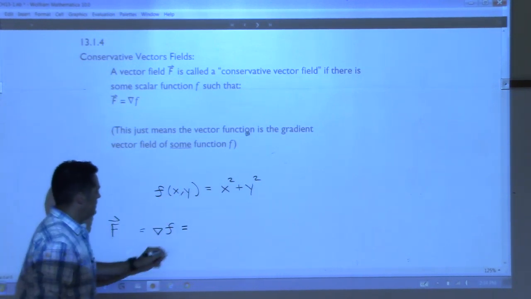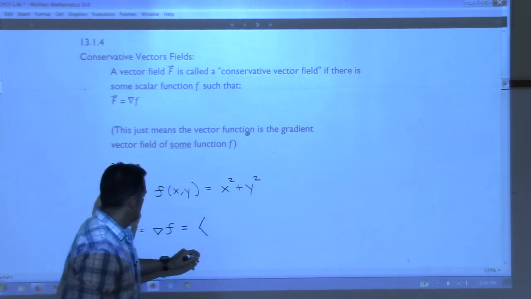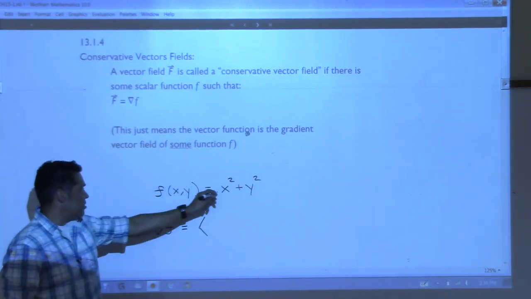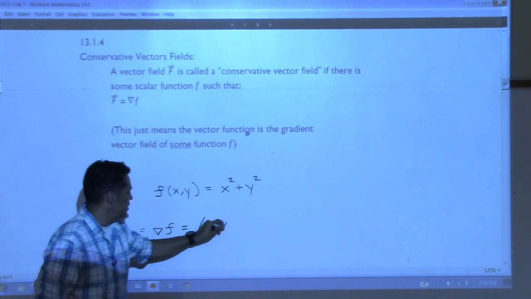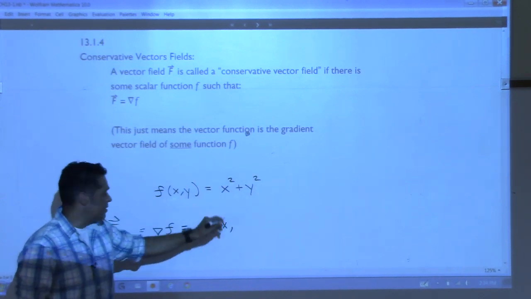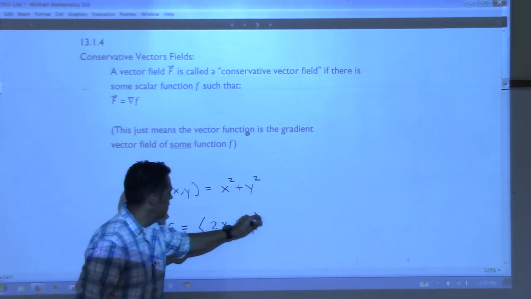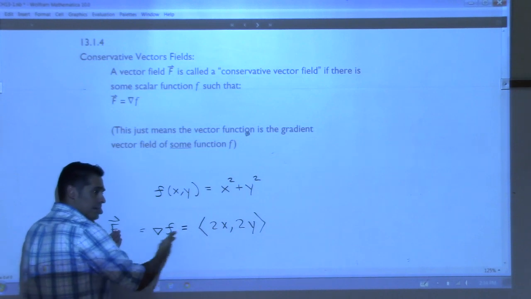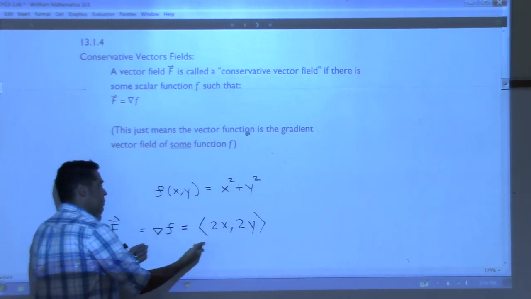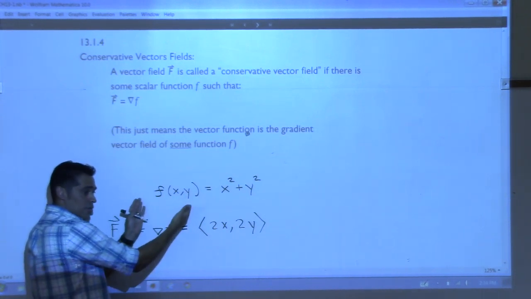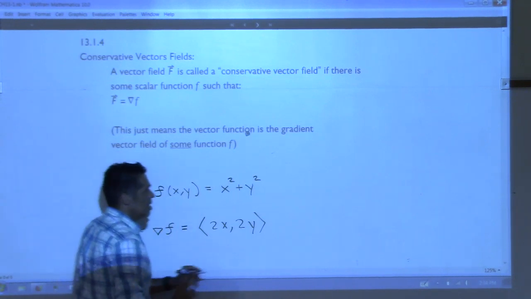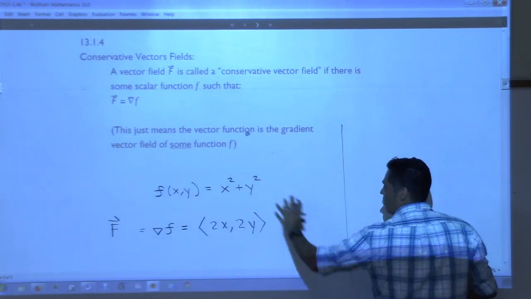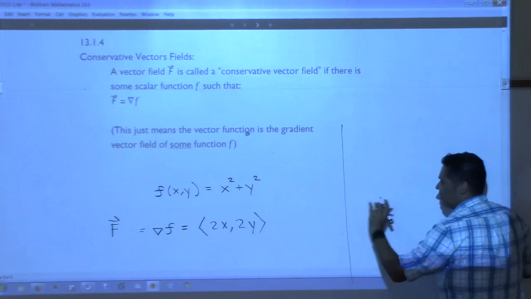So what is that? The gradient is the partial of that with respect to x, comma, partial of that with respect to y, right? With me? Okay. So now this vector field came from taking the gradient of that scalar function, right? Okay. So let's just back burner that. Just keep that in your mind.